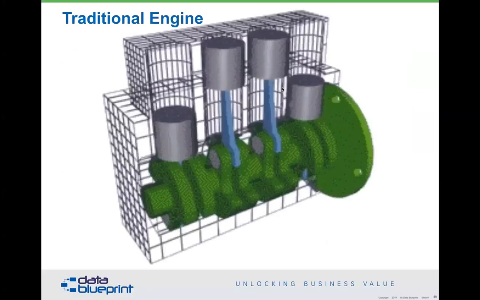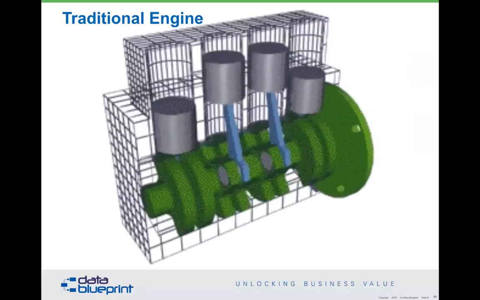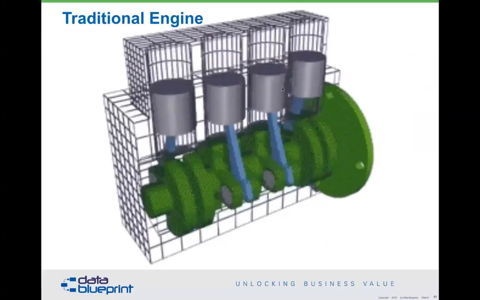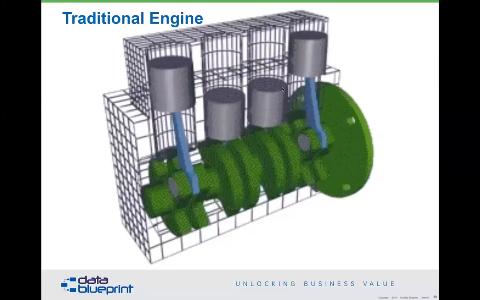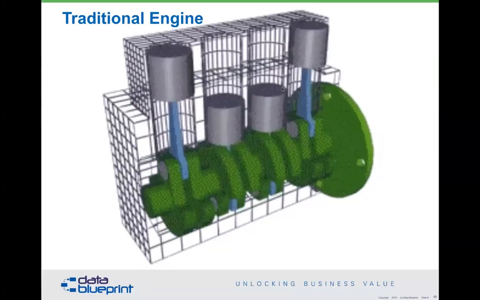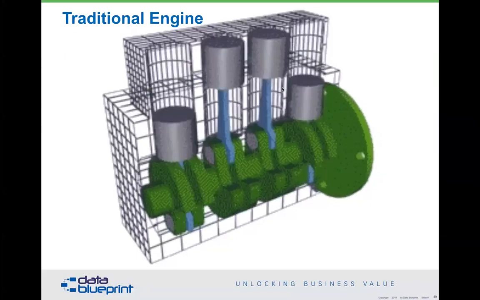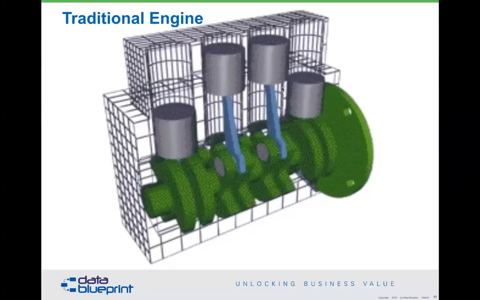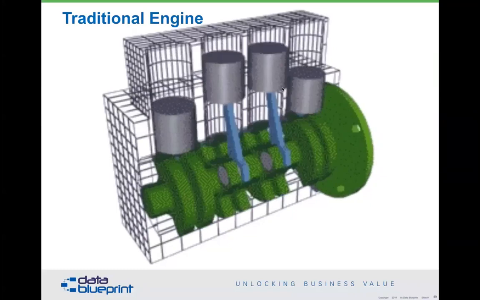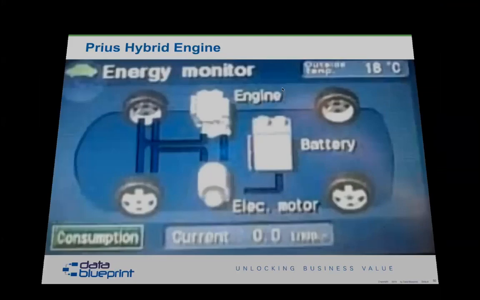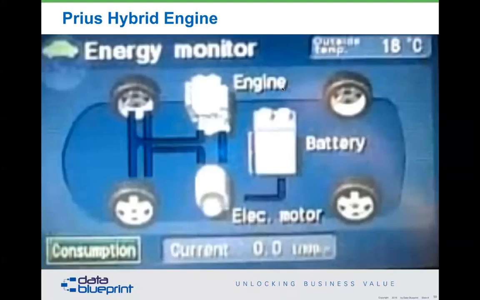We tried for years and years to figure out how to do car and truck engines better. Well, we haven't really got the truck part of it right, but we're doing okay with the car. The traditional engine, of course, is a gas-powered engine. And here's where everybody made the mistake. They kept trying to replace the gas-powered engine until Toyota came along and came up with something called the hybrid engine.